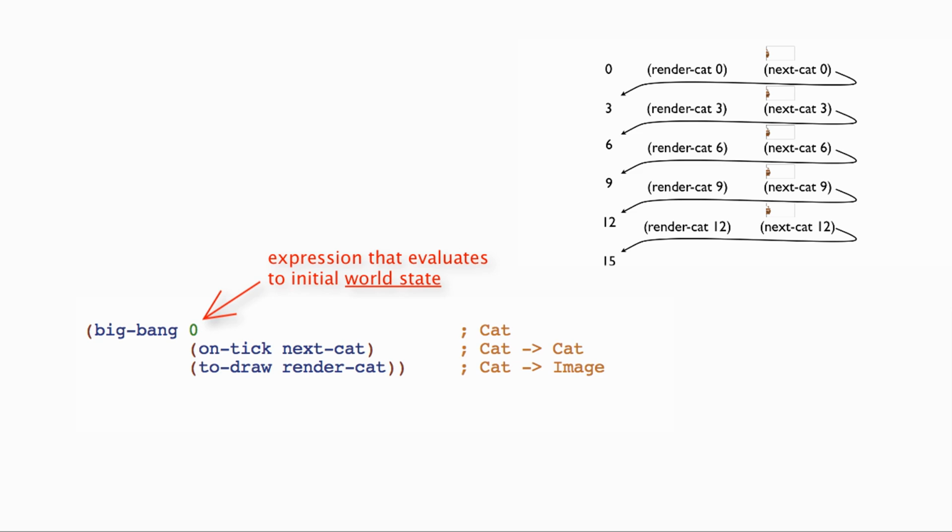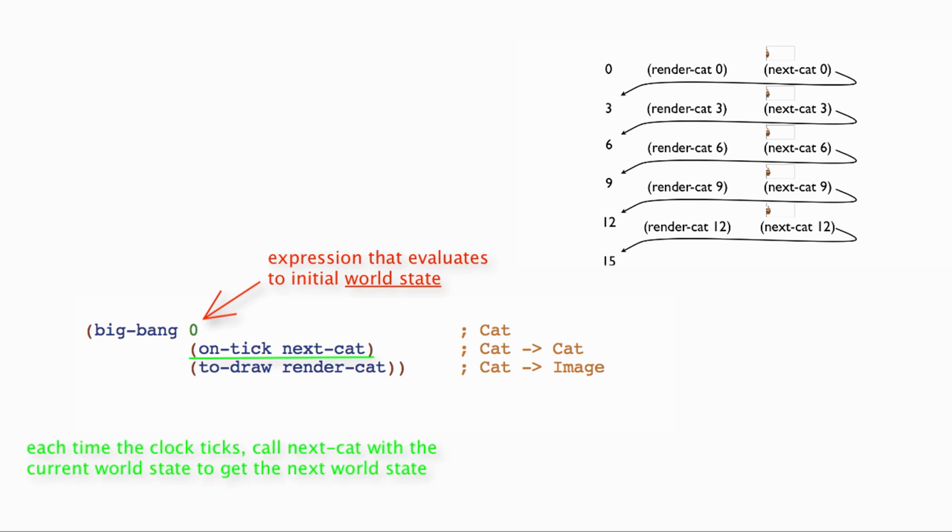After its first argument, Big Bang takes a number of options, and it takes so many that the way it does it is to take them by name. That way you can give it only the options you want to give it each time. The way to read this first option is it says each time the clock ticks, call the nextCat function, pass it as an argument the current state of the world, and it will give you back the next state of the world.